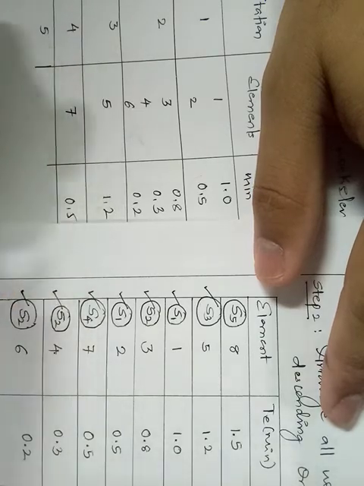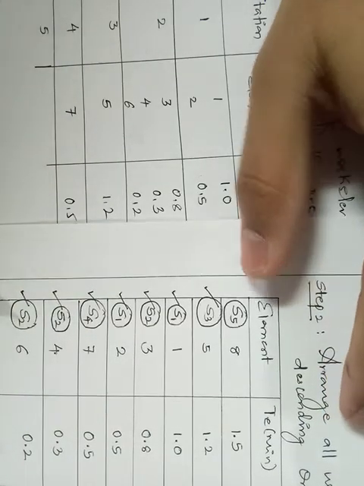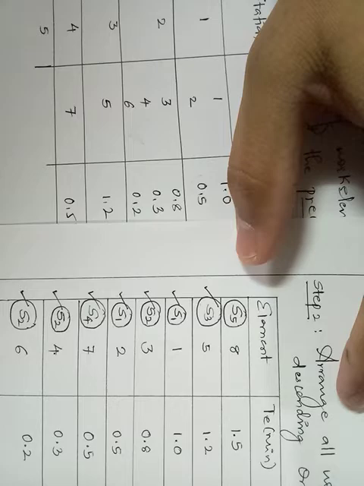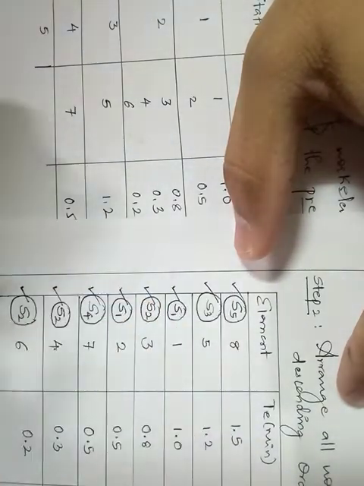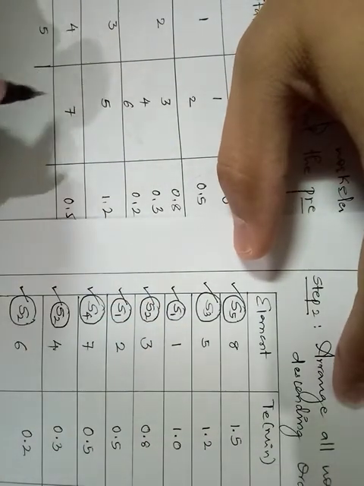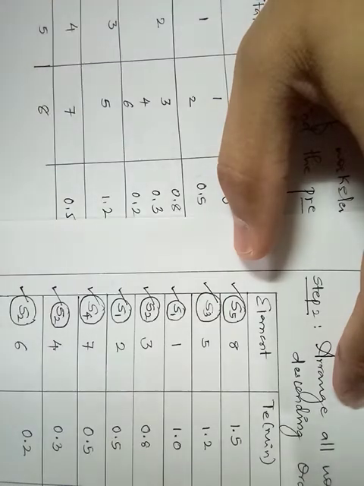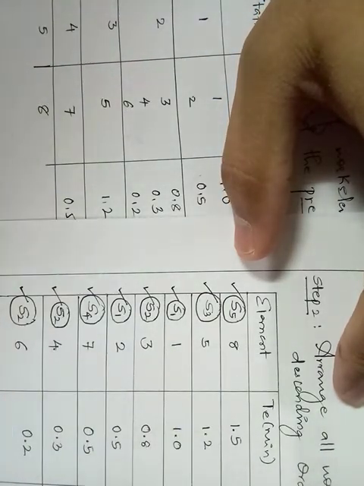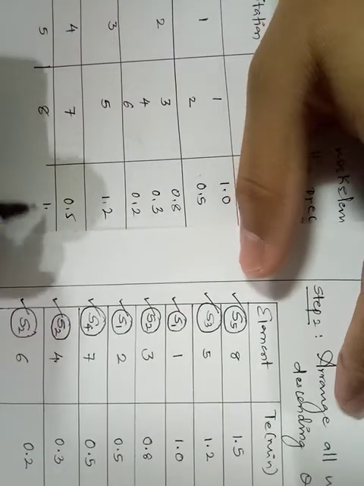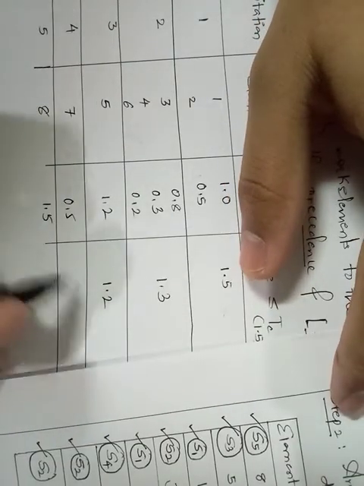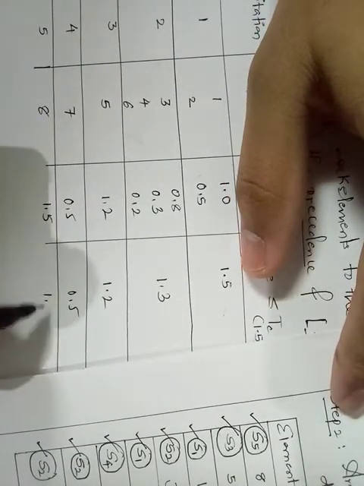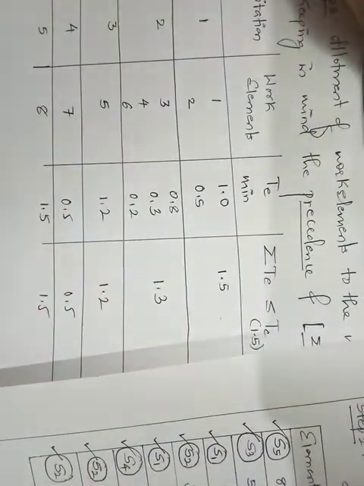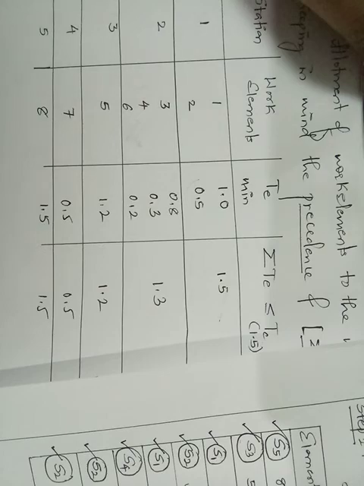Time required is 0.5, which is less than the cycle time. Cycle time is 1.5. And at last there is only one workstation which is allotted element number 8. Time required for that is 1.5, which is equal to 1.5. So that is how you are going to allot things.